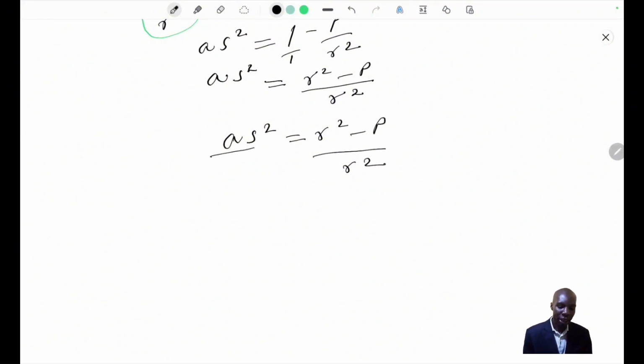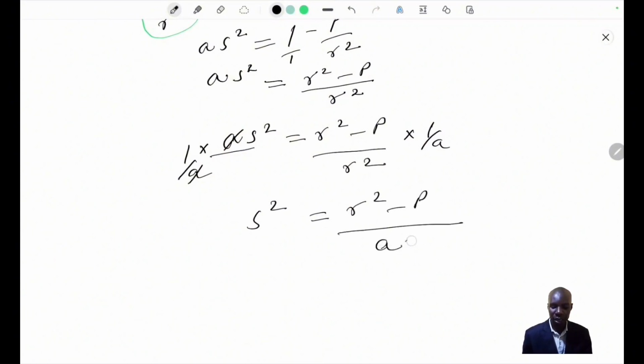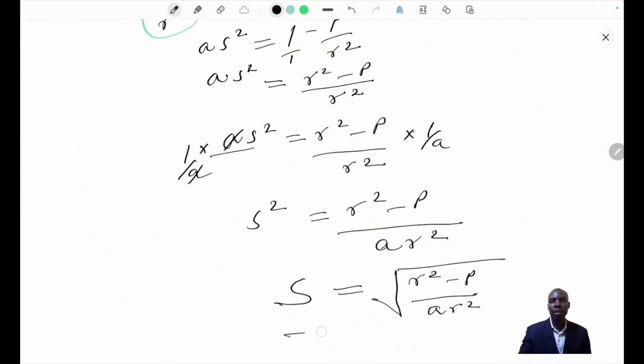So I can multiply both sides by 1 over A. So this one cancels out. I'll have S squared is equal to R squared minus P over A R squared. Then S alone is now given by the square root of R squared minus P over A R squared. And that is how that is being done.